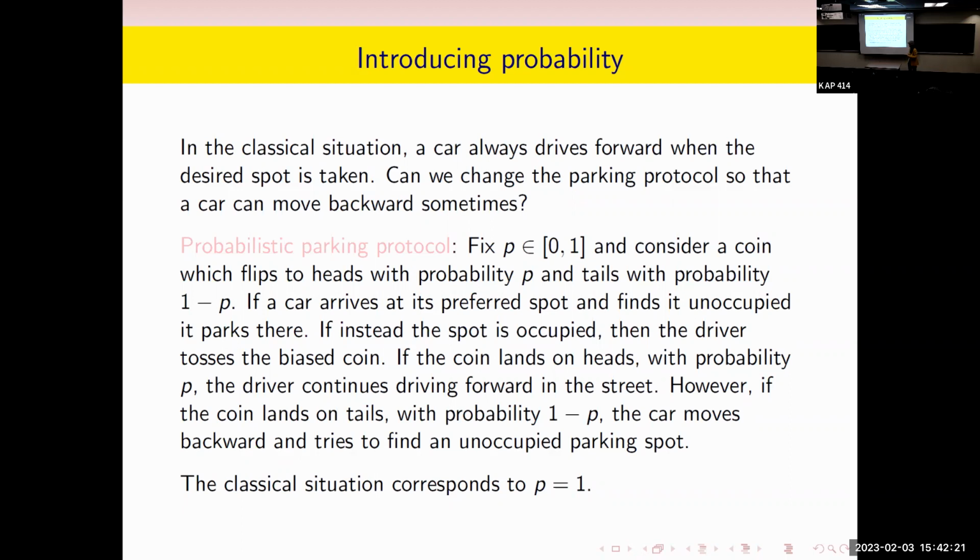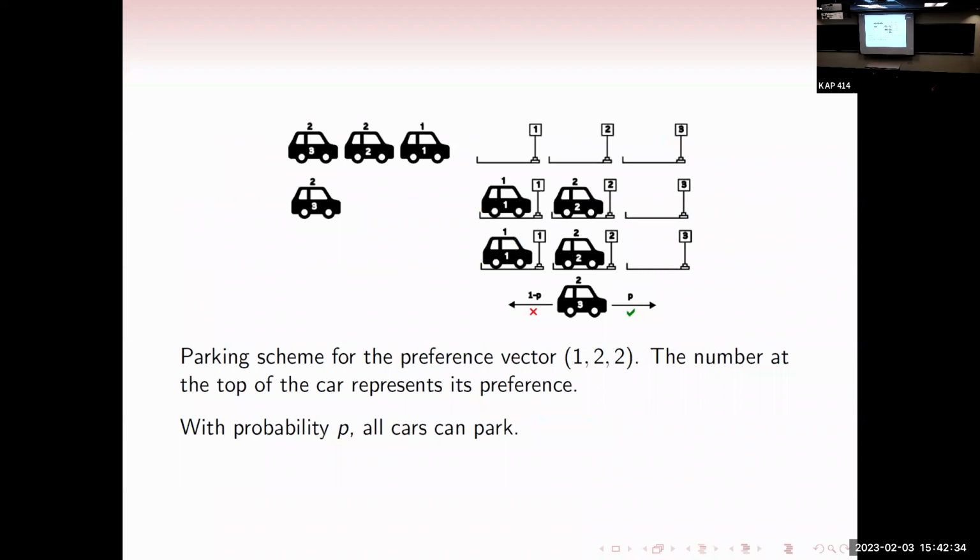So the classical situation corresponds to p equals 1, so every car will just drive forward. Now, adding a probabilistic layer, again a picture illustration just to make sure. If we have preference vector 1, 2, the first car parks in 1, the second car parks in 2, then the third car will need to choose this direction in order to make it a parking function.